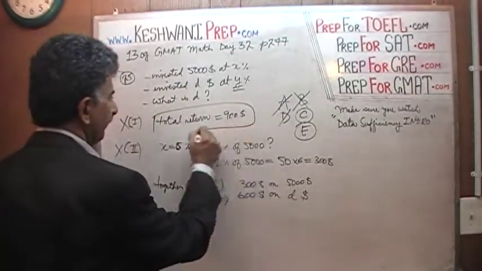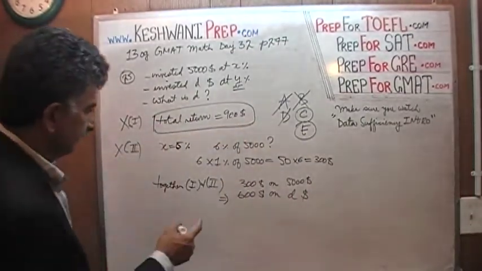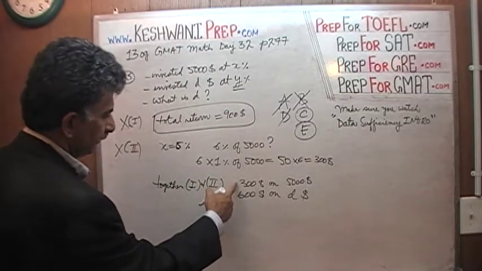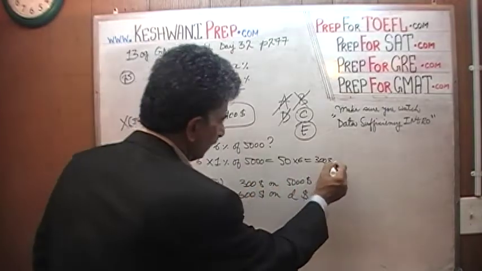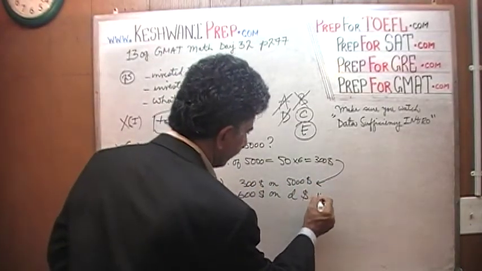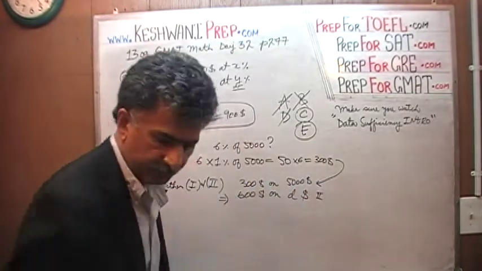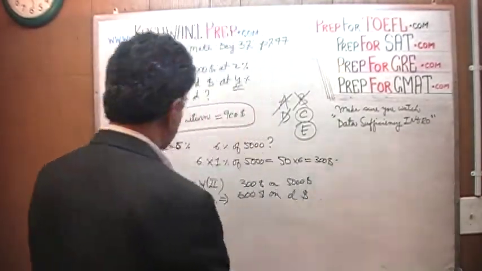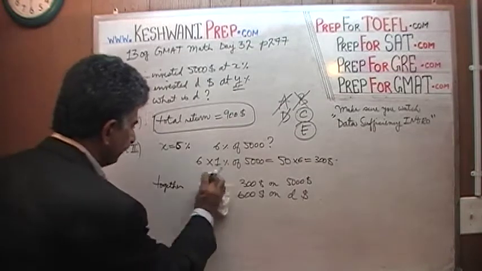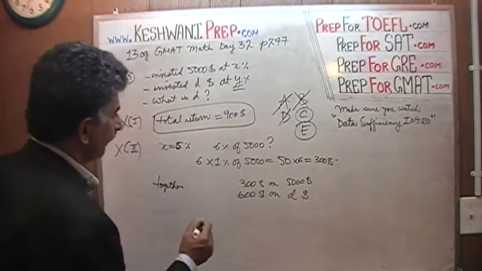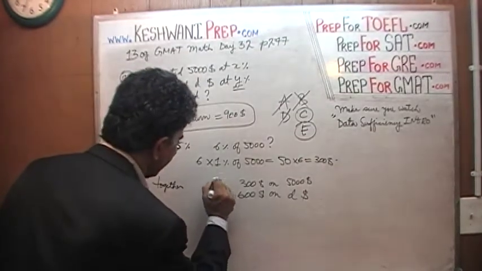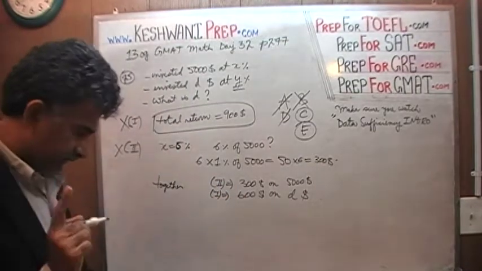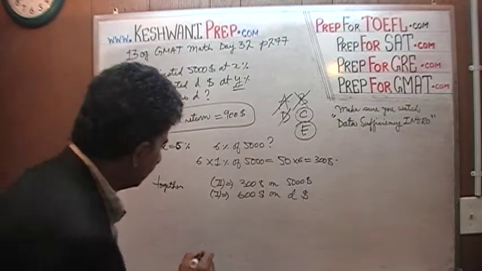The first statement tells us that the total return is 900. So this part comes from the first statement, and this part comes from the second statement. Together, the second statement implies this part, and the first statement gives us this part. But we still do not know.